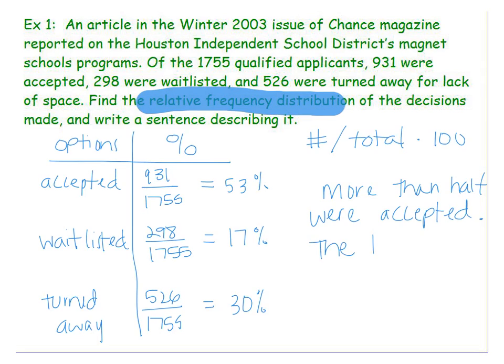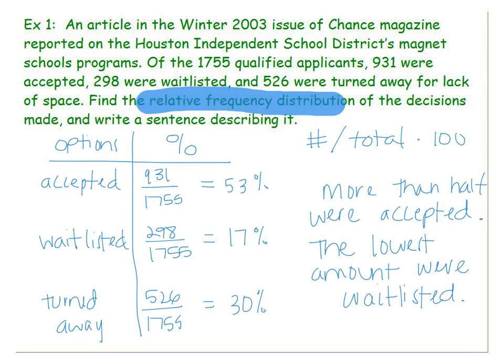The lowest amount were waitlisted. It's just a matter of finding some description of the data. I didn't ask you to be specific. I'm just asking you to write a simple sentence describing it. So that's how you make a relative frequency table.